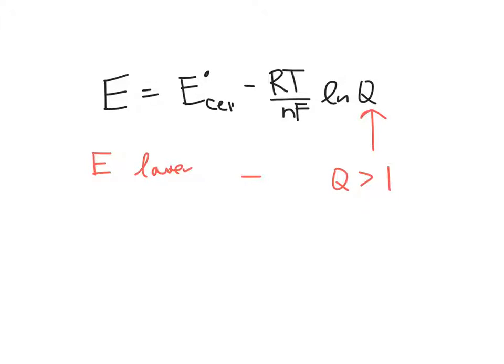If you have a value for Q that is less than 1, that's going to make your logarithm negative. And negative times a negative makes a positive. So you're going to be adding to your cell potential, so your overall new cell potential is going to be higher than it was before. And that's all you really need to know about how to use the Nernst equation.